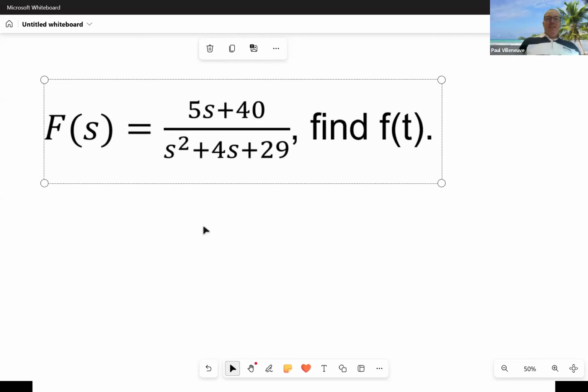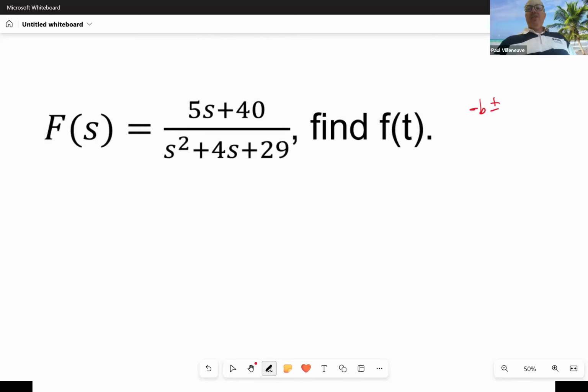Quadratic equation. I'll write that here. So negative b plus or minus the square root of b squared minus 4ac all over 2a.